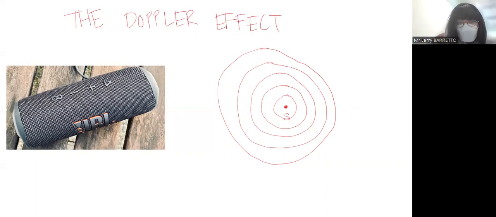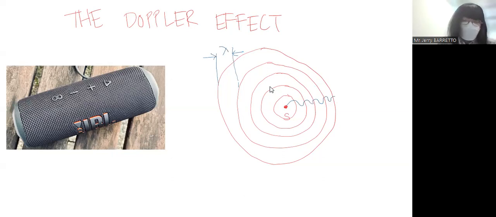So let's see if we can visualize it in another way. Minima, maxima, minima, maxima, minima, maxima. You got a picture, right? The distance between those lines, I don't know if you remember this, is known as the wavelength, the distance between two consecutive maxima.